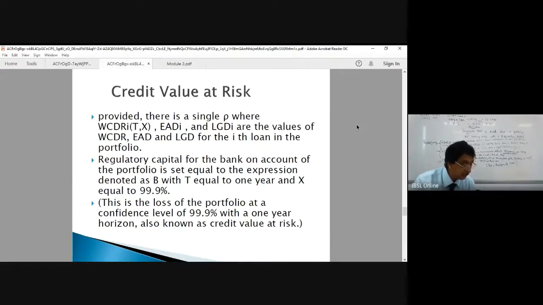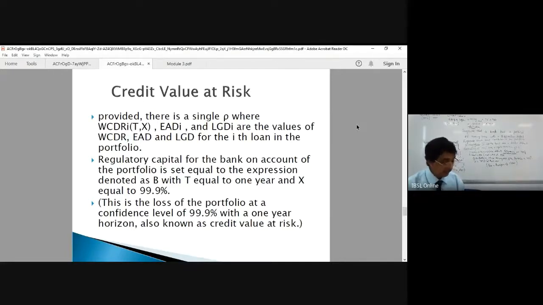So therefore, if one wants to get the unexpected loss also calculated, you can get the total value at risk, that is 47.48 minus 1.125, which will give you the unexpected loss. So that is also a high portion.